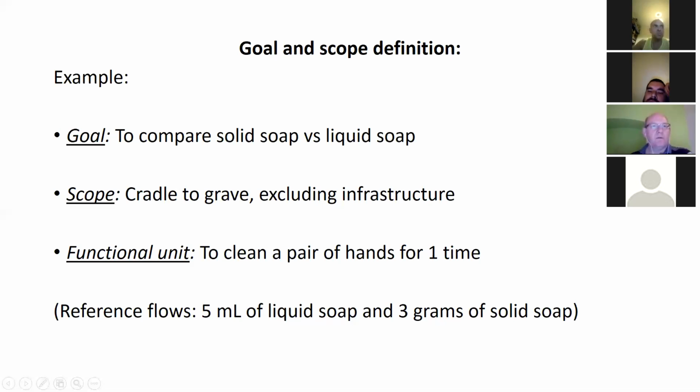Okay. So inventory analysis. So there are, as I said, that gives you this information. For example, what I want to know is what processes are needed to produce 5 milliliters of liquid soap. So I check it in the database, and it says to produce this soap, there must be package produced, there must be cardboard for the package, and there must be palm tree farming.